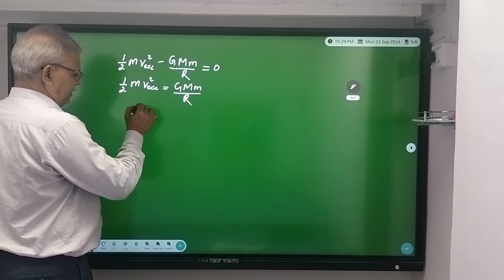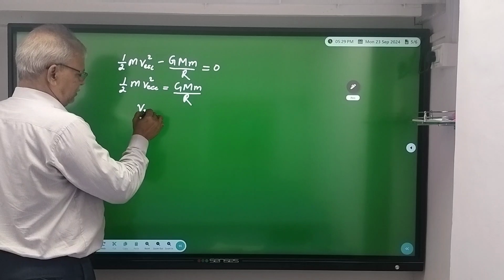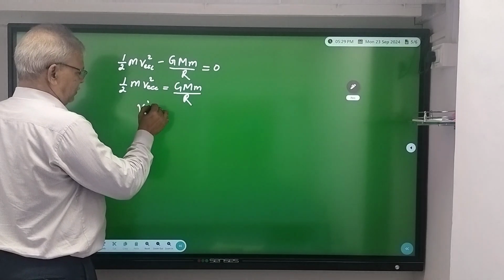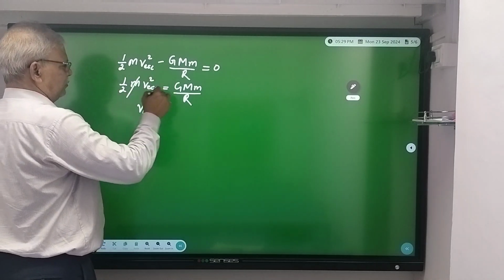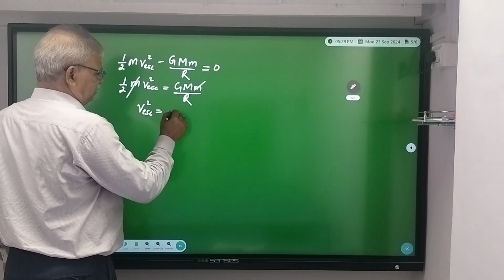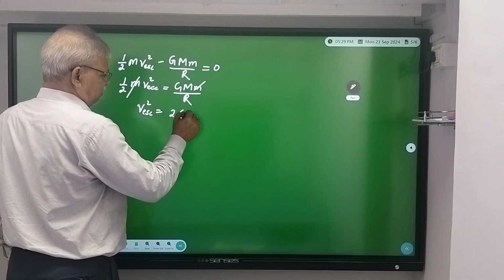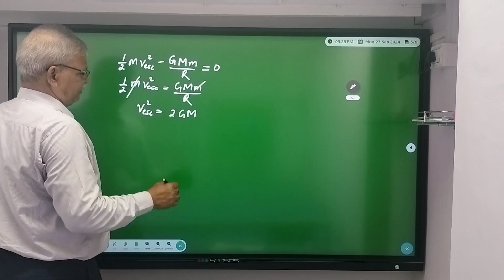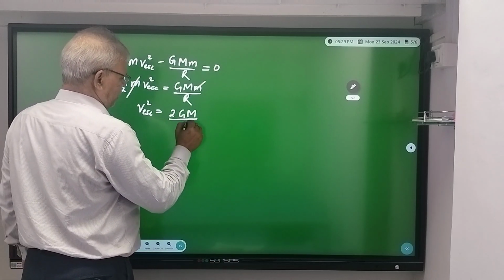Or we can write here v escape velocity. Here m will cancel, is equal to 2 G capital M upon r.